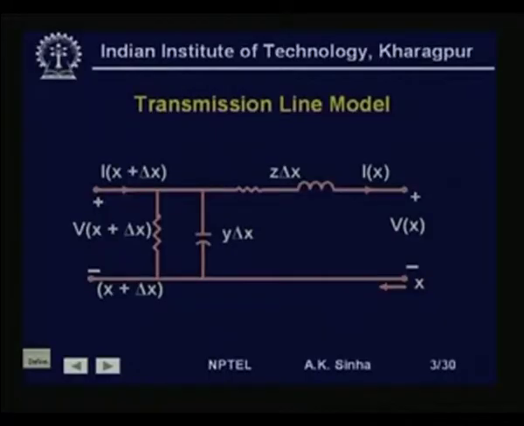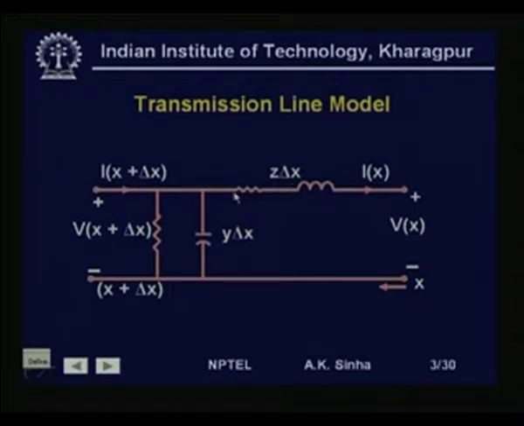If we see a line, it will be something like this, where I have taken a small section of a line. For this line of a length delta x, we have the series impedance of the transmission line, which is given by Z into delta x.